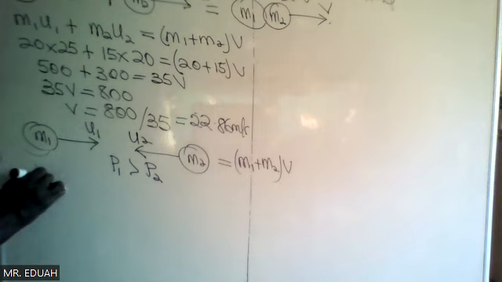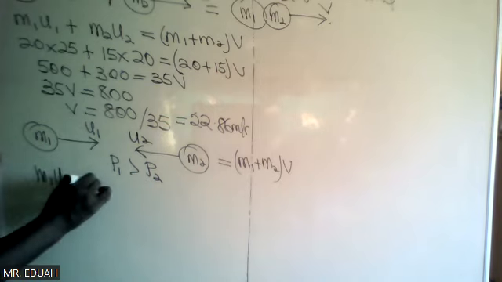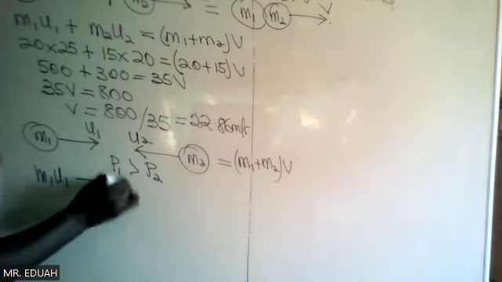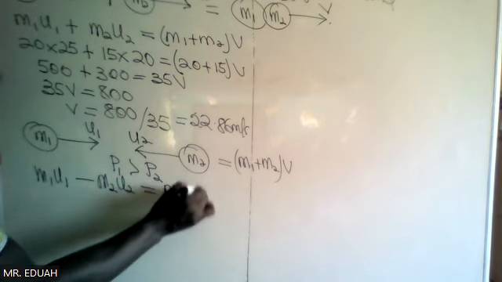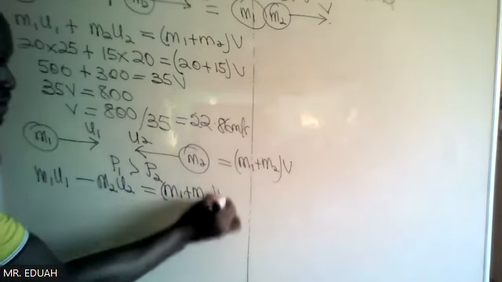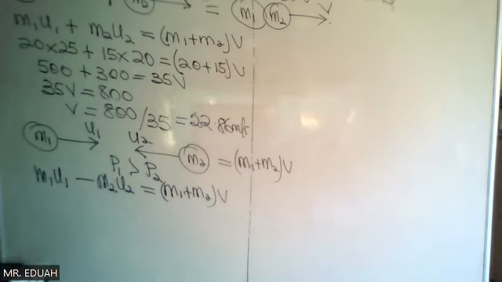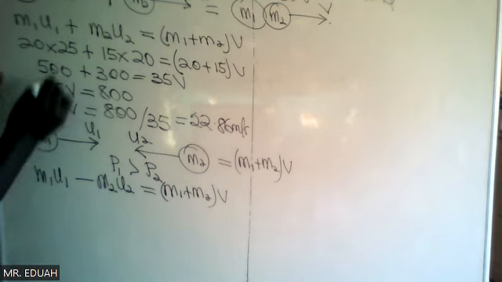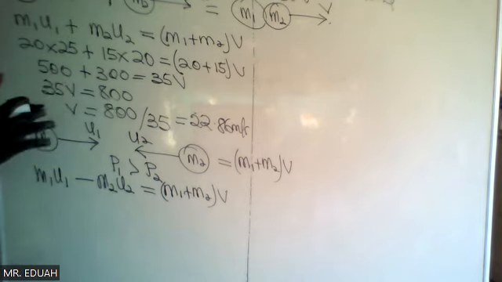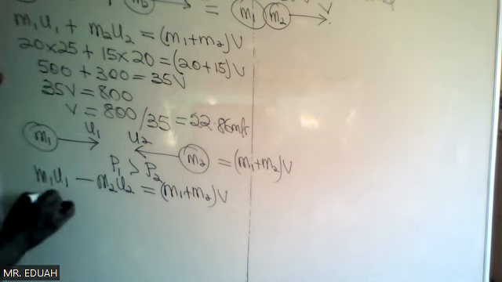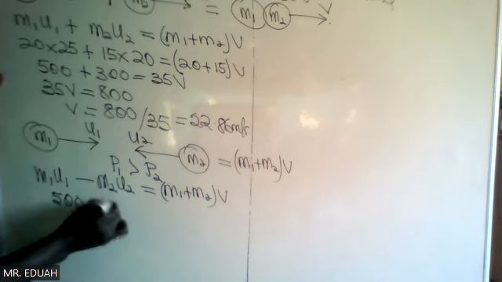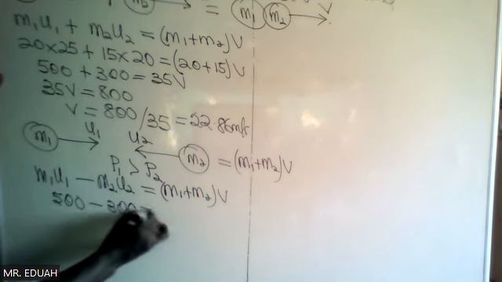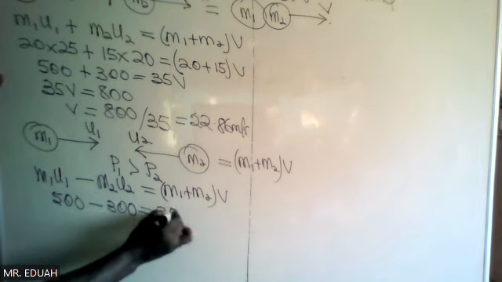So M1 U1 minus M2 U2 must be equal to M1 plus M2 times V. When you put in your values, we've already calculated this: 500 minus 300 is equal to 35V.